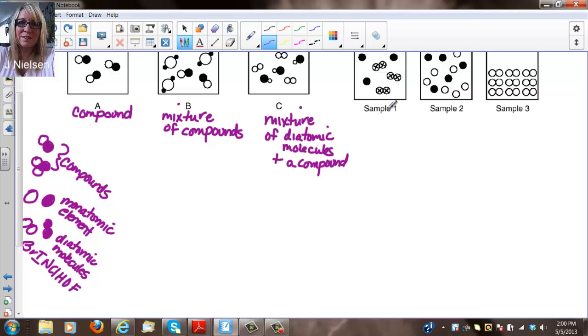Over here I have a mixture, and if I want to be specific, it is a mixture of monatomic and diatomic molecules, or elements, diatomic. Over here I have a mixture of monatomic elements.